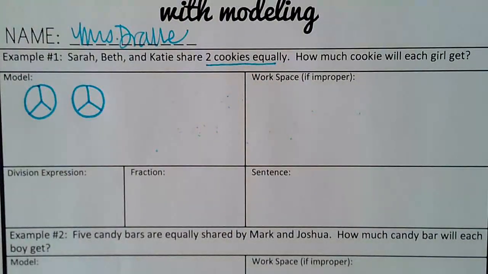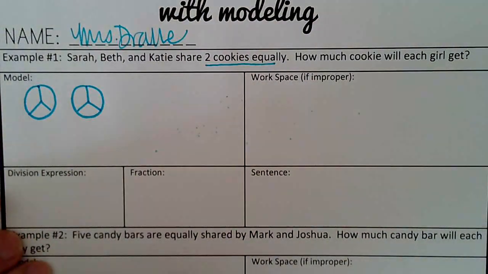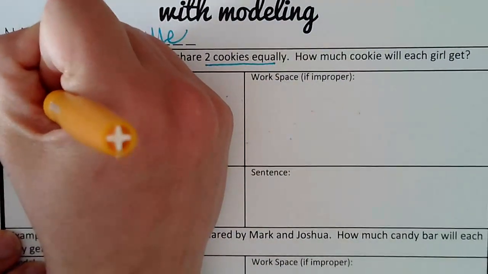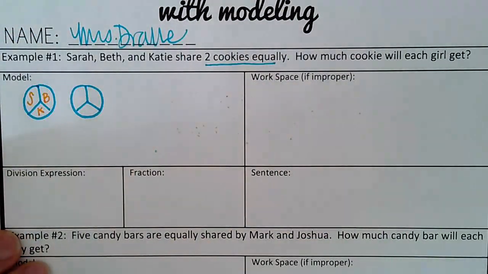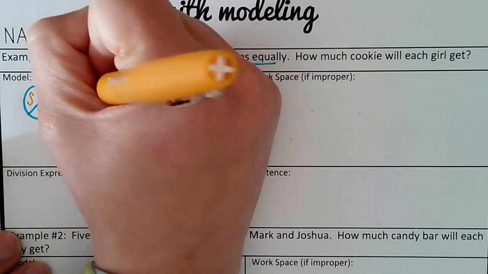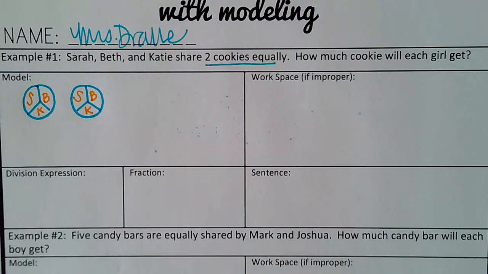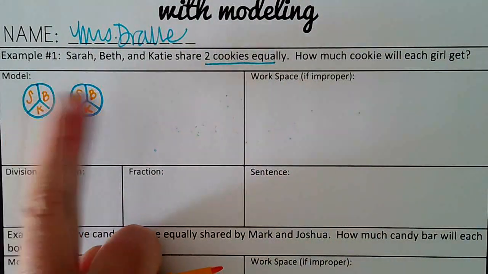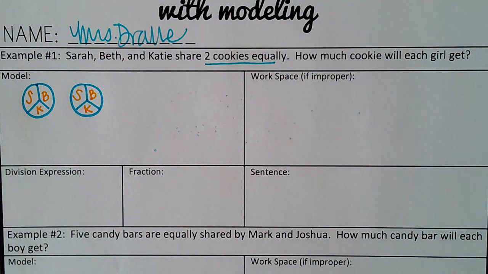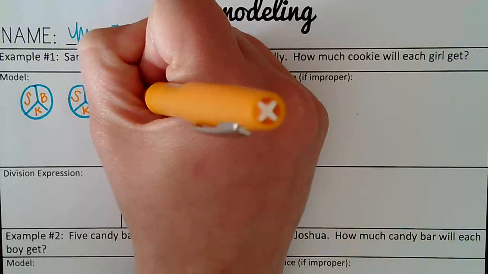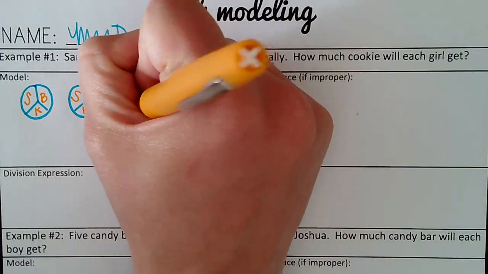Now, each girl will get an equal number of parts. So we've got Sarah, Beth, and Katie. They each get 2 parts out of 3. Each cookie is divided into 3 parts, so they get 2/3 of a cookie.